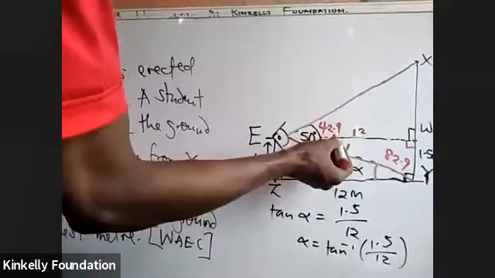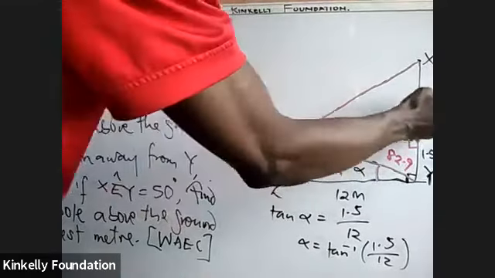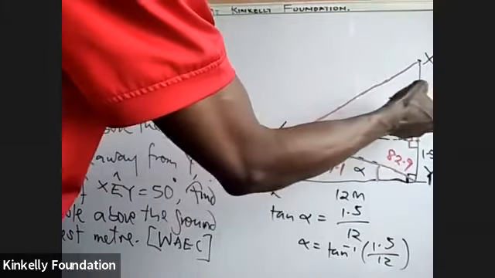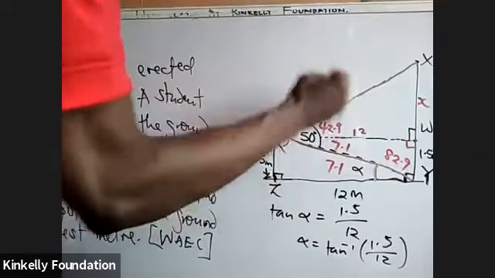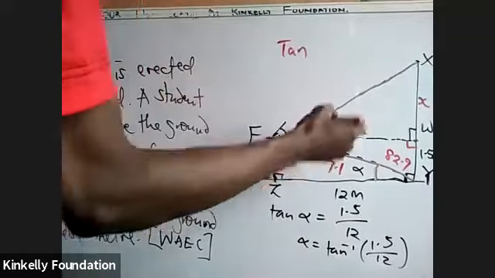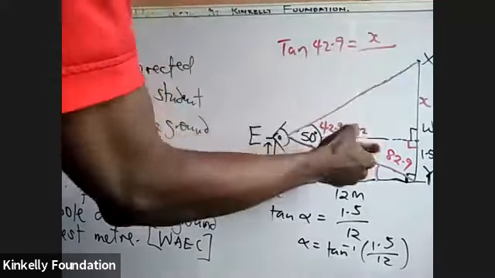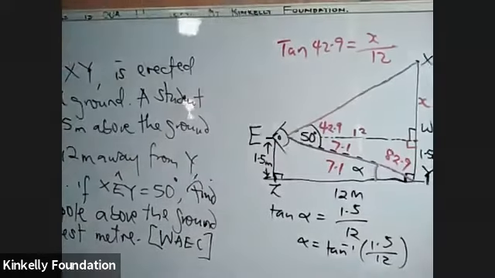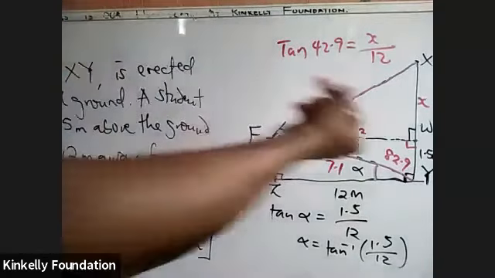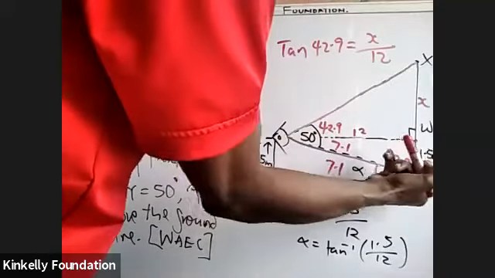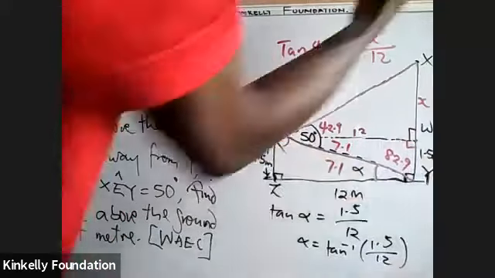Now, use 42.9 to find this. That is tan 42.9 is equal to x all over 12. Once we get the value of x, we add it to 1.5, it will give us the length of this.